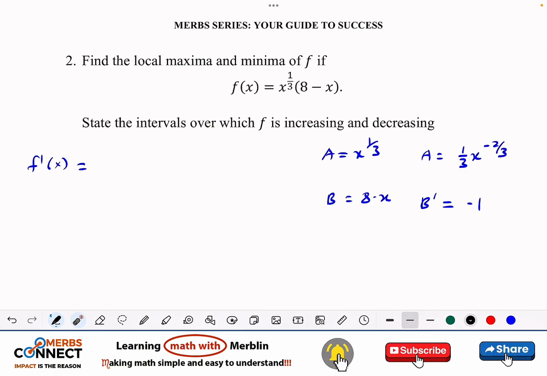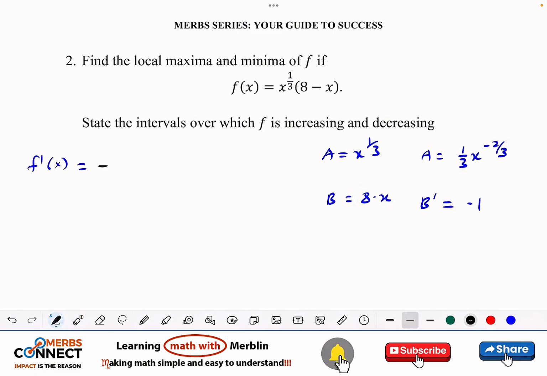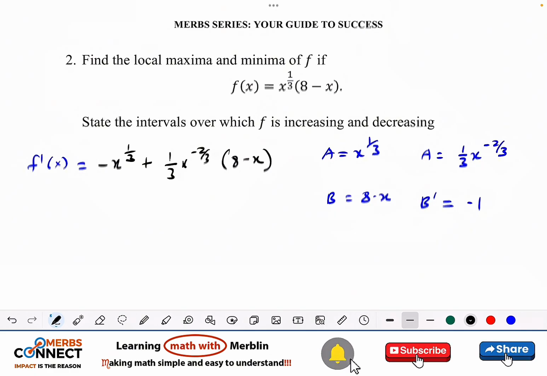Now let's do the product rule. So the product rule means that I just multiply this one by this and this by that. So we are going to have minus x to the power 1/3, plus this times that. So I'm going to have 1/3 x to the power -2/3 and then times this. So the rest is for me to simplify before I set it to 0.